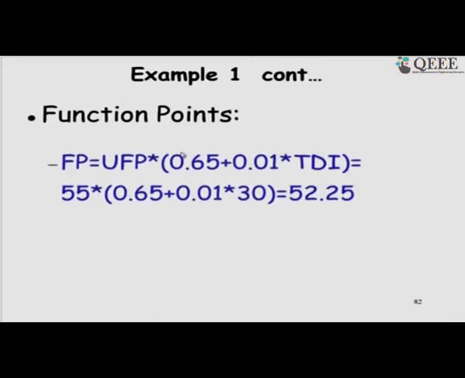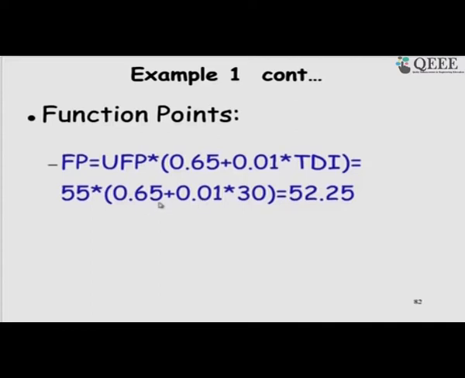In that case, the unadjusted function point 55 times (0.65 plus 0.01 times TDI), which will become 55 times (0.65 plus 0.3), sorry, 0.3.